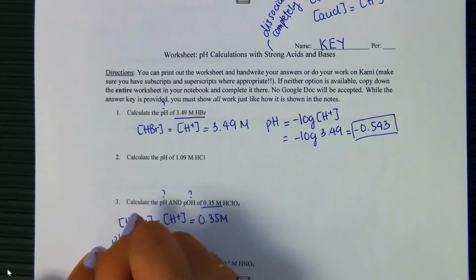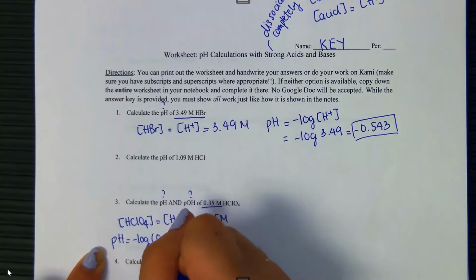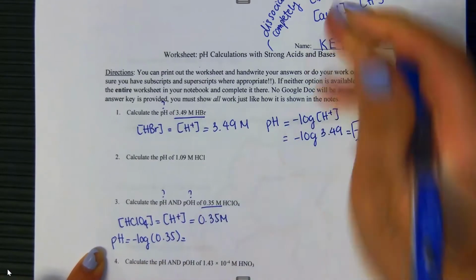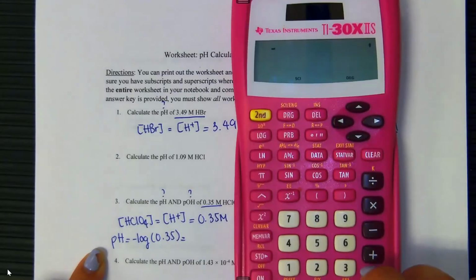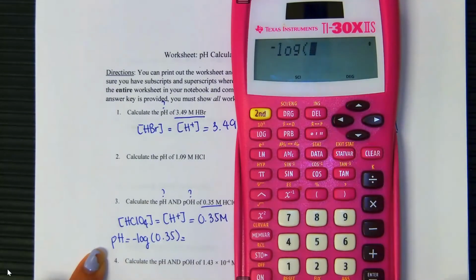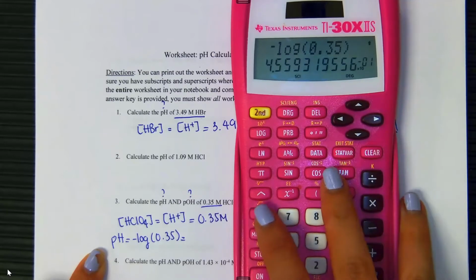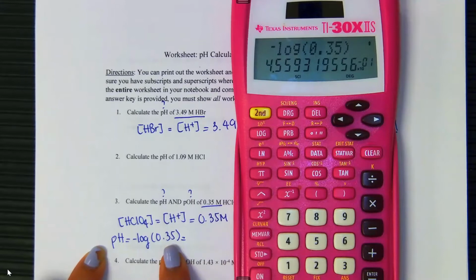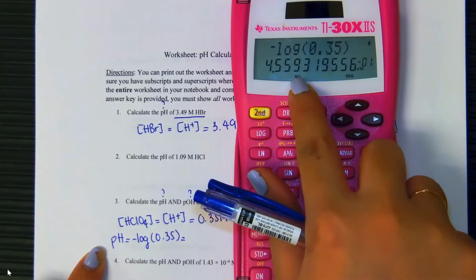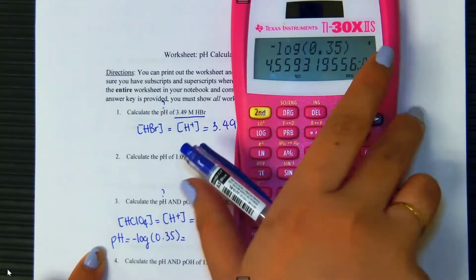Now the pH is the negative log of this number, 0.35. I'm going to use my calculator here, and the negative log of 0.35 gives me this long number. This has two significant figures, so I'm going to round this to 2 significant figures, so 4.6 times 10 to the negative 1.